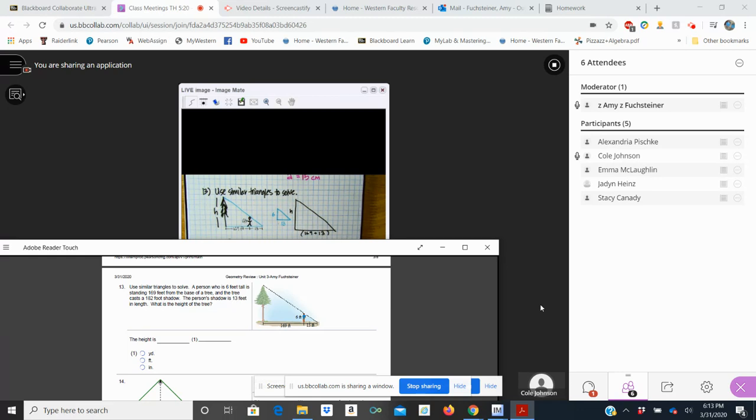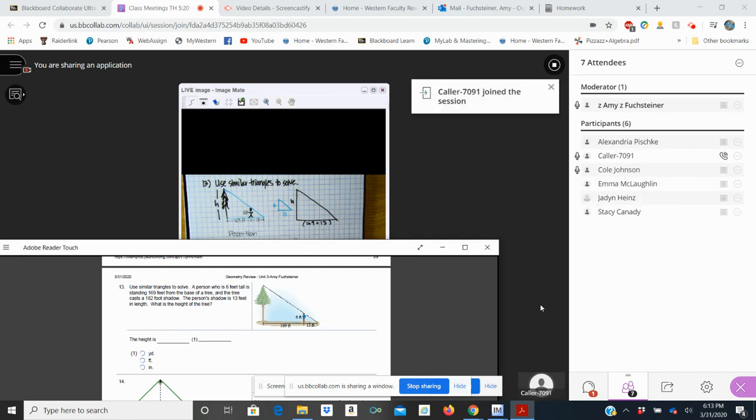And that's what I can use to set up my proportion. 6 over H is 13 over 182. That's 1092 divided by 13. And I get H is 84 feet.